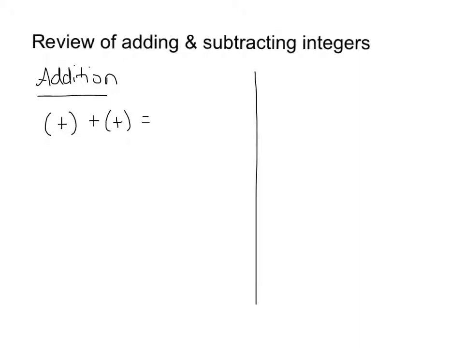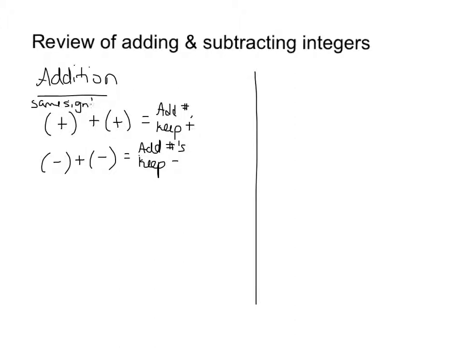I'm going to add the numbers and keep the positive sign. If I have a negative plus a negative, I'm still going to add the numbers, but I'm going to keep the negative sign. So basically, if you have the same sign, I'm going to add the two numbers and keep the sign.